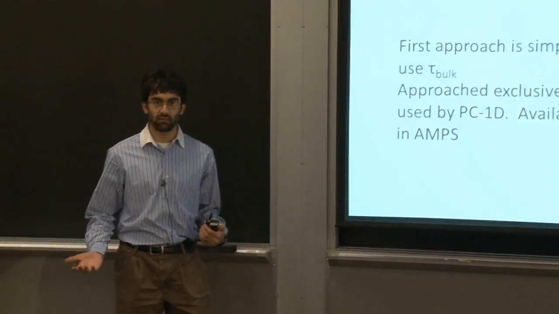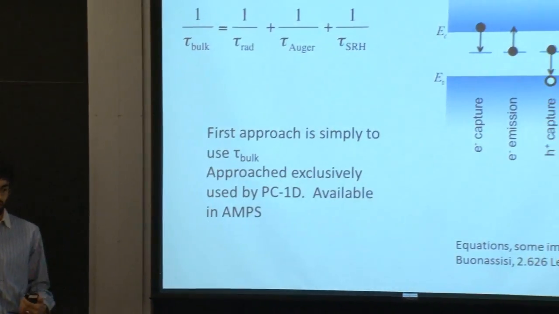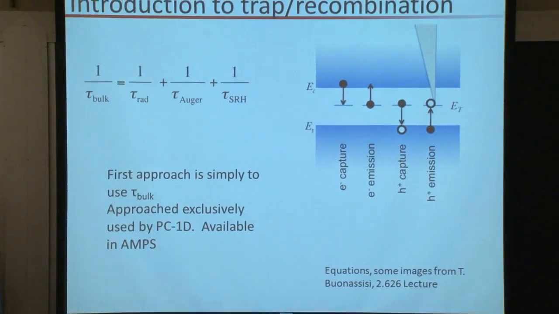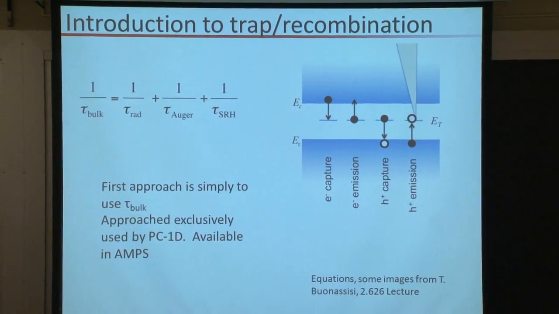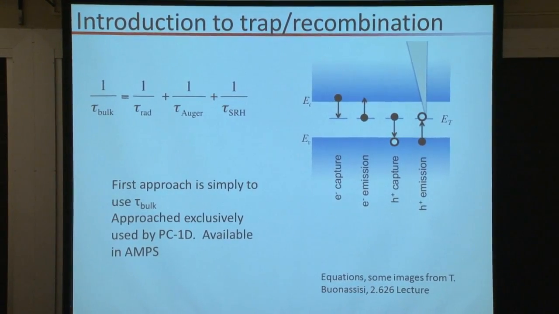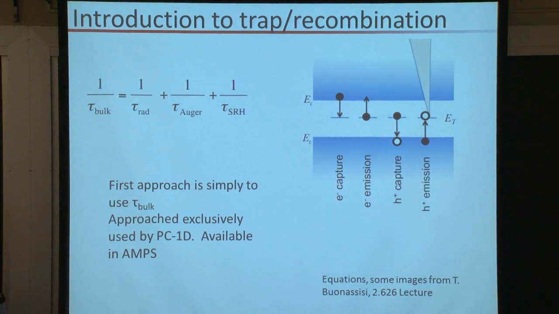With these organic materials and thin film materials, traps and recombination are a huge issue, and the question arises as to how to model these traps. At the highest level of abstraction, you can just look at the bulk recombination time and simulate with that, which is the approach used by PC1D.